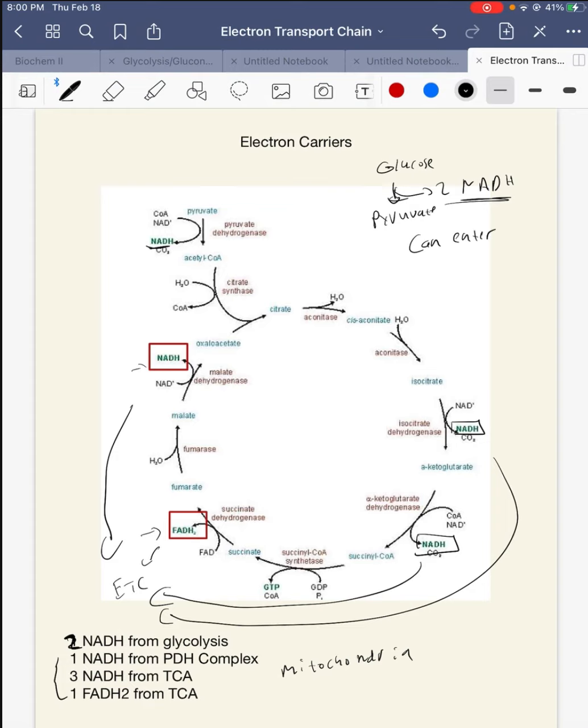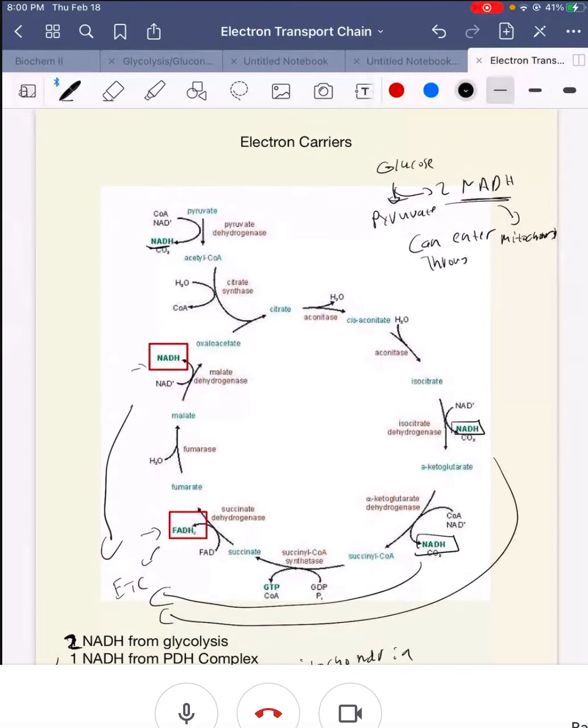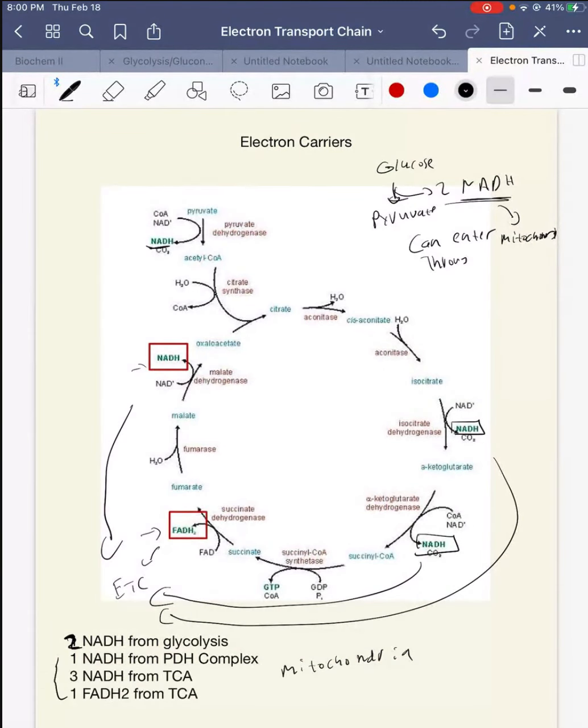if you go back and go over the malate aspartate shuttle or the glycerol 3-phosphate shuttle, you'll see that this NADH can enter the mitochondria through the malate aspartate or glycerol 3-phosphate shuttles.